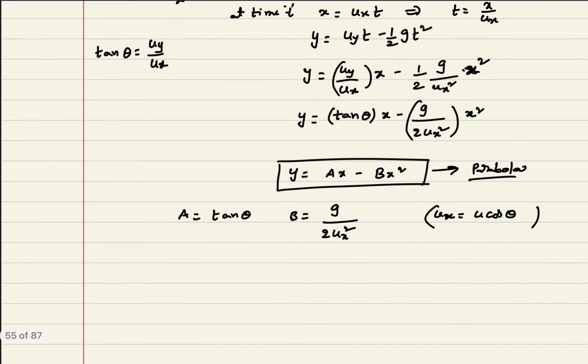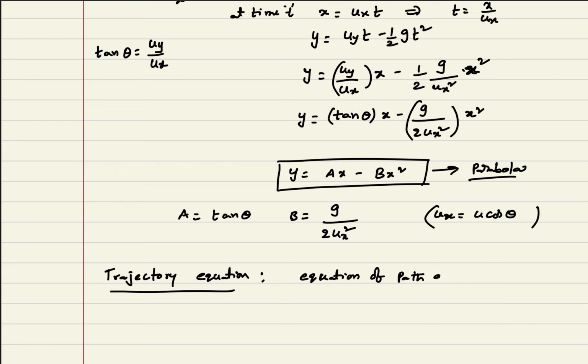If they ask for the trajectory equation, this trajectory equation is nothing but the equation of the path traveled by the projectile. Here the path is a parabola.